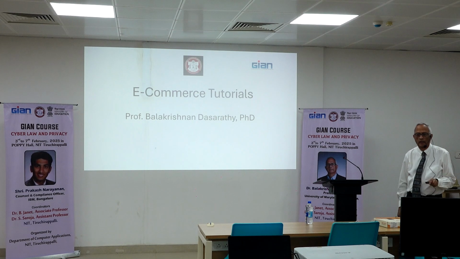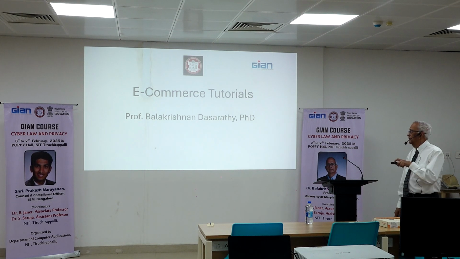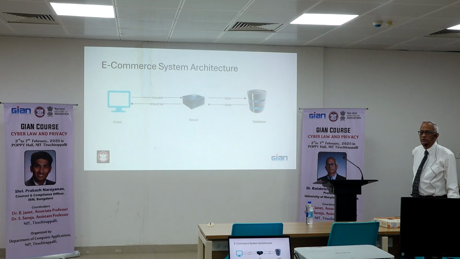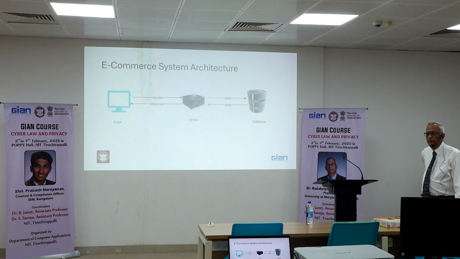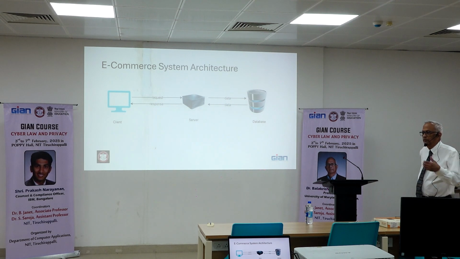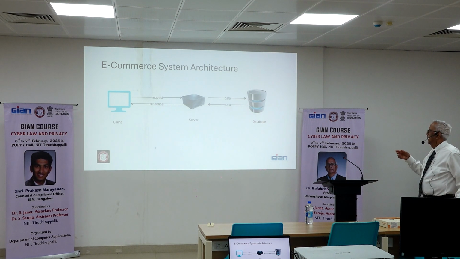First, okay, let's look at what an e-commerce system architecture looks like. Okay, so this is the typical e-commerce setup. You have a client, okay, and the client sends the request to the server, usually a web server, and then the web server retrieves a lot of data coming back and a response.